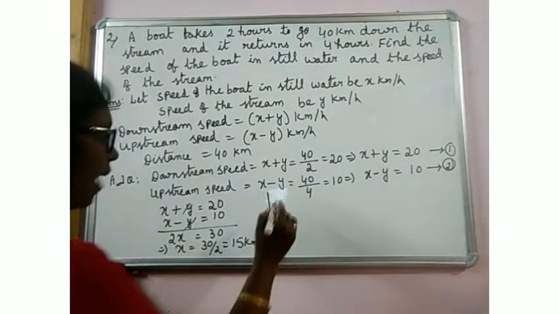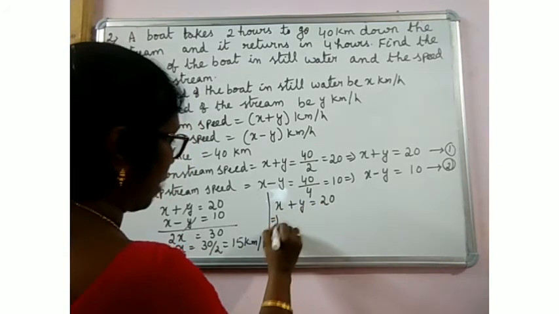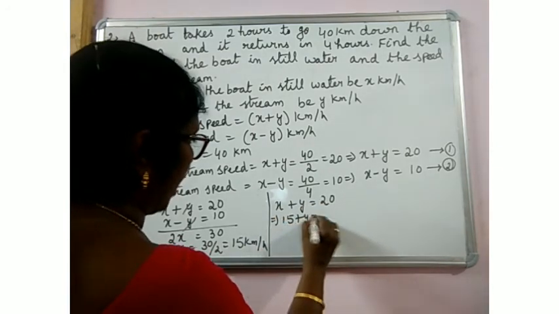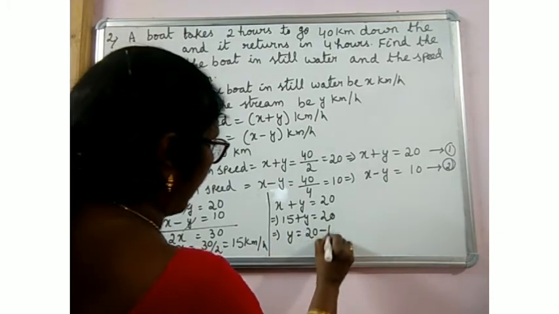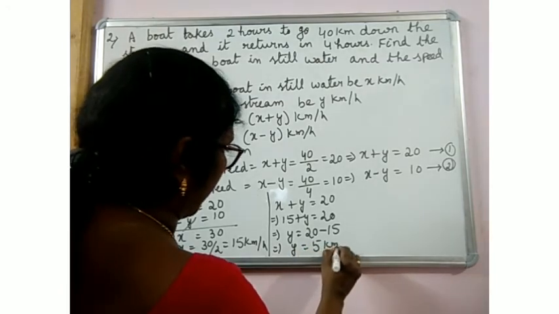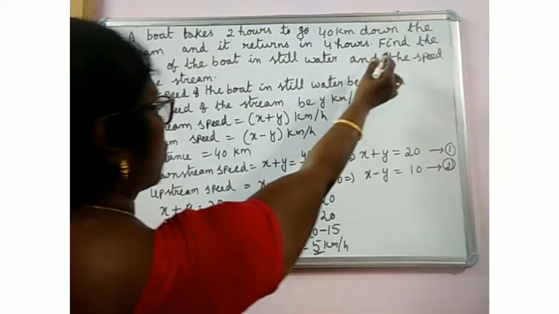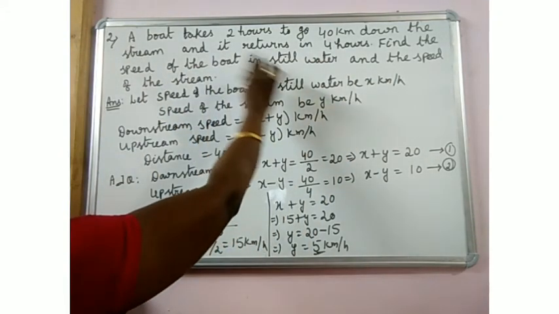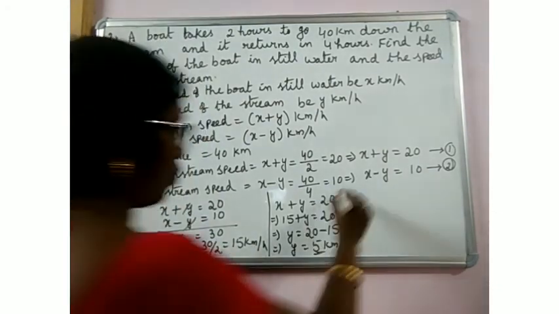Now let us find the value of y. X plus y is 20. X we got 15 plus y is 20. That implies y is equal to 20 minus 15 or y equal to 5 km per hour. So y is speed of the stream. Our question is to find the speed of the boat in still water and the speed of the stream. So what is asked?